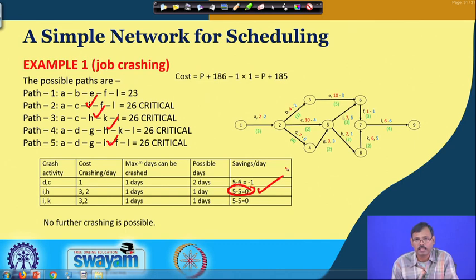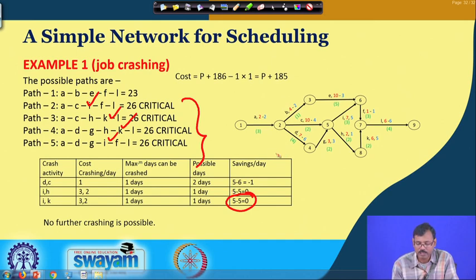That means crushing the jobs will not give any profit in this case. If we look into I and K also, I is available here, K is available here. Crushing I for 1 day and K for 1 day will reduce all paths to 25 days, but then also our profit is 0.